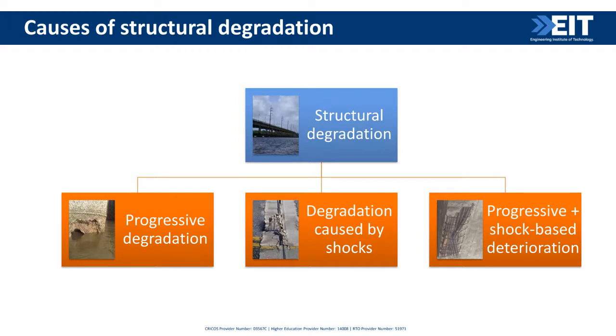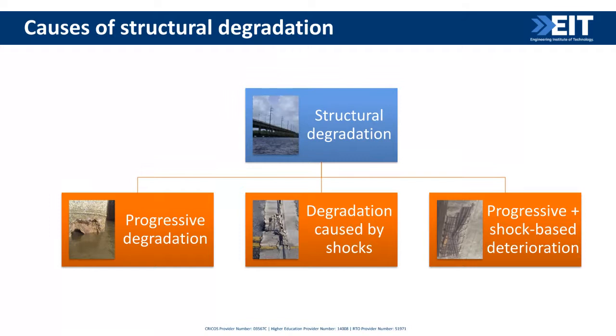So in real life situations, the majority of the time we have the combination, right? Progressive plus shock-based degradation. Just to summarize, the causes we know: our infrastructure's lifetime can be reduced over time.